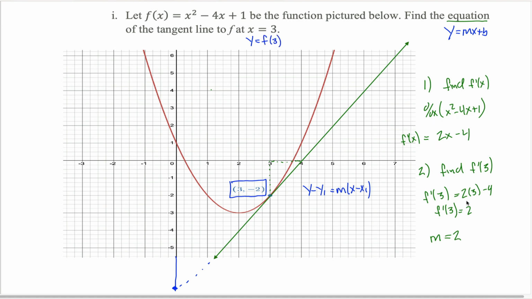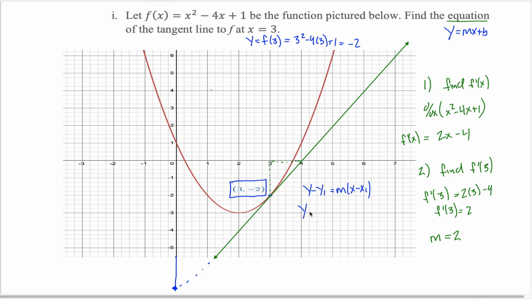Not evaluating the derivative at 3, but evaluating the function at 3. f of 3 would be 3 squared minus 4 times 3 plus 1. 9 minus 12 plus 1, that sounds like negative 2. If we didn't already know that this y value was negative 2, we could figure it out this way.